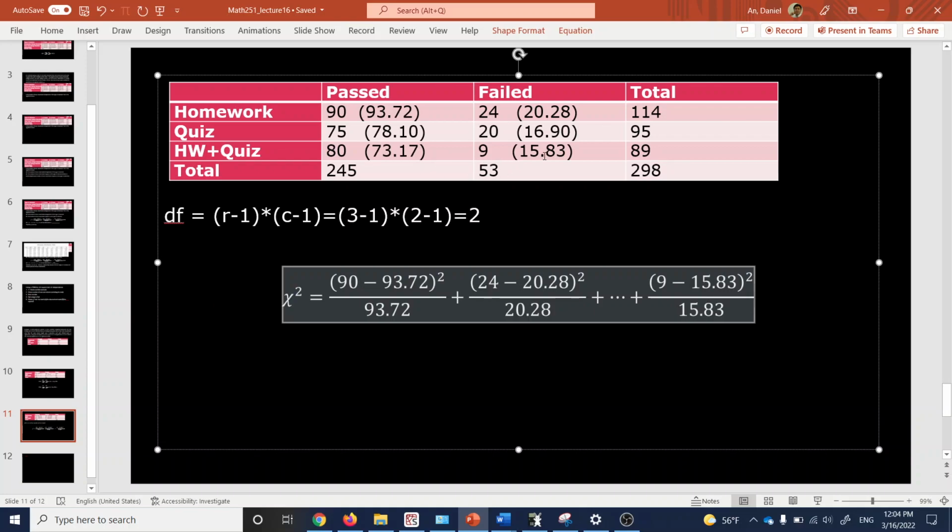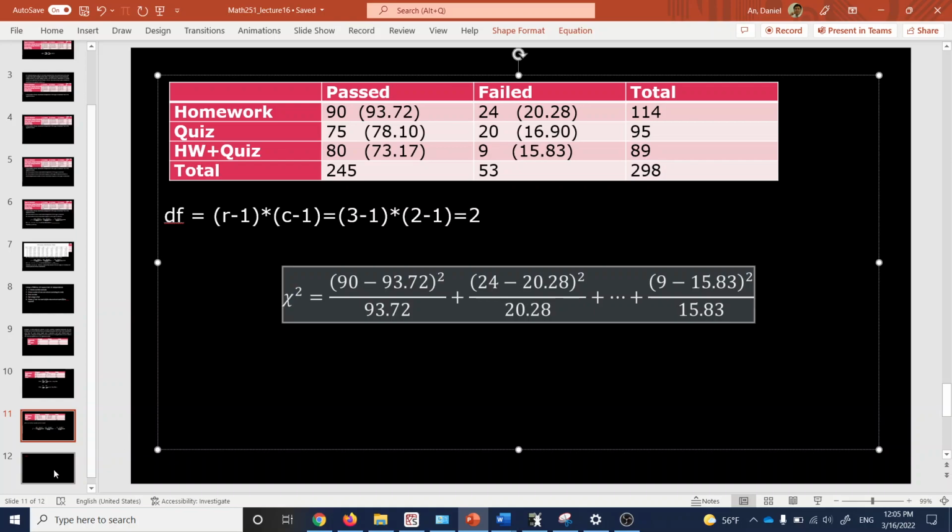It makes sense because the most peculiar number in this table seems to be that when the professor assigned both homework and the quiz, only 9 people failed. So that seems to be the standout, and that's why chi-square works. It produces a huge value if there's a big difference between the observed value and the expected value.